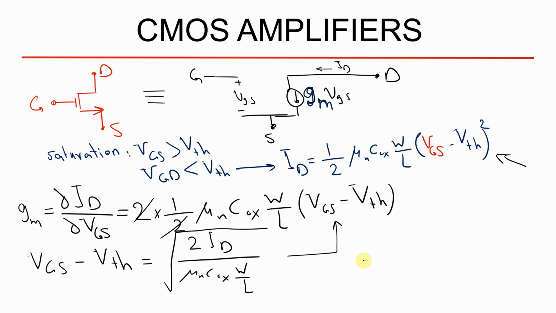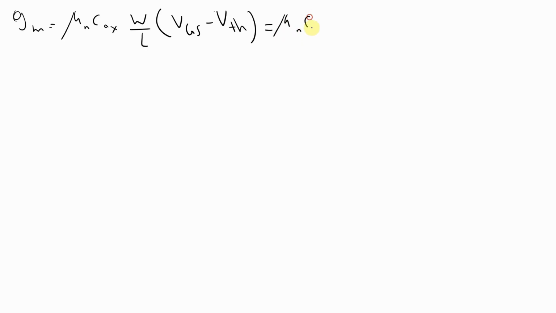How am I going to do that? Here is the basic formula for gm: mu n C oxide W over L times VGS minus V threshold. And now I'm going to use the formula that I calculated. So here we have mu n C oxide W over L times, what is VGS minus V threshold?